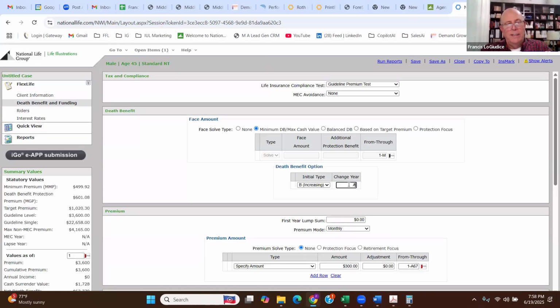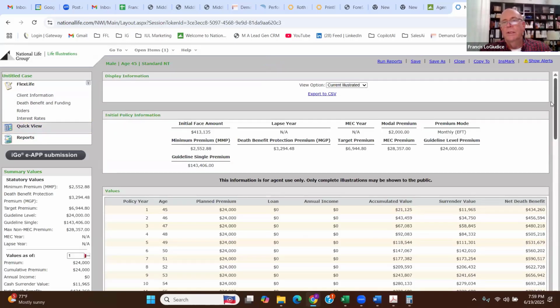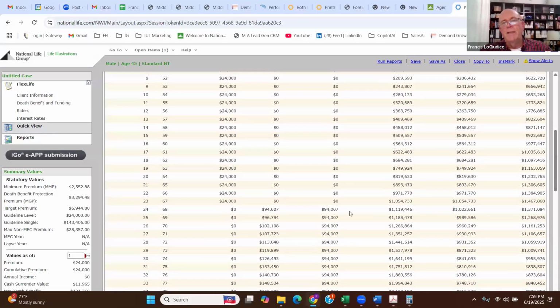Okay. So age 68. And then you would have to figure out, it was 60,000 at 1,500. Let's try 2,000. This is a 45-year-old, and that puts them at 94. That's pretty close. So you just play with it.